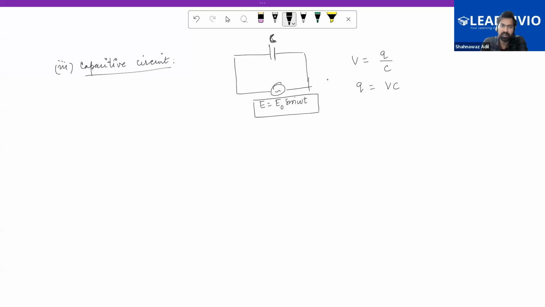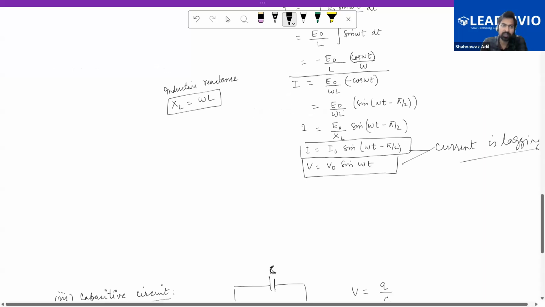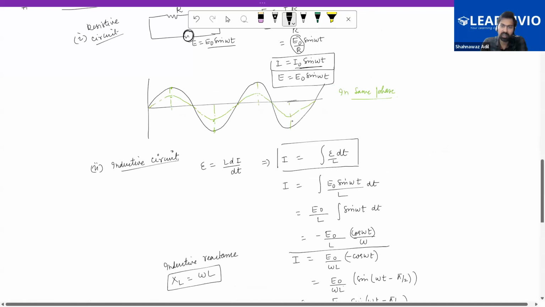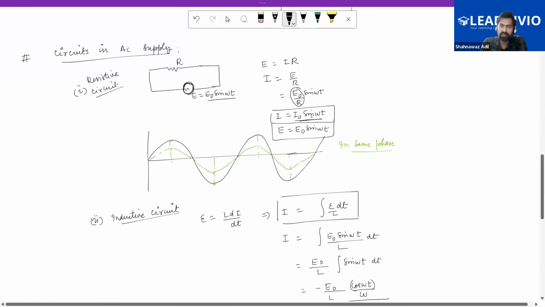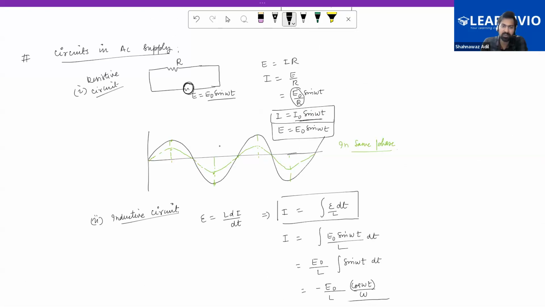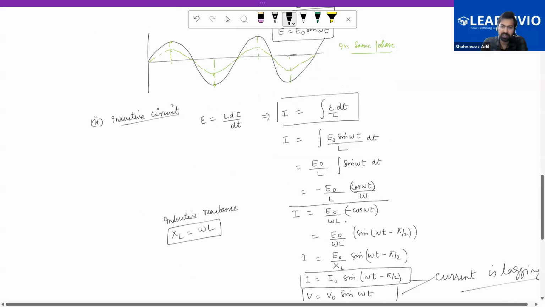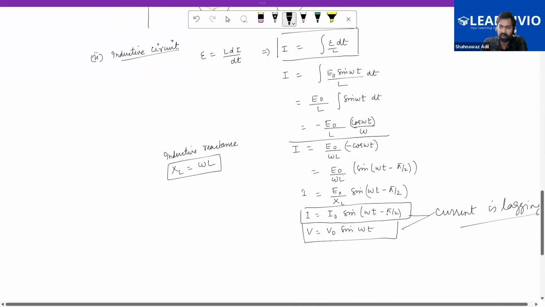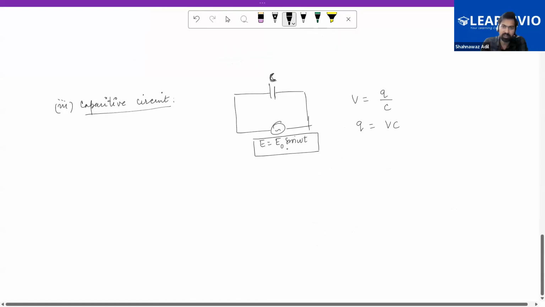So in the earlier class, we talked about the resistive circuit, which has the zero phase difference, and then we have the inductive circuit, which has a phase lag of pi by 2. And now we are talking about the capacitive circuit.